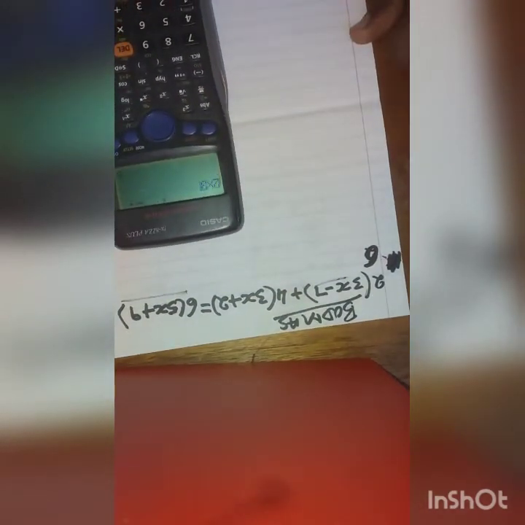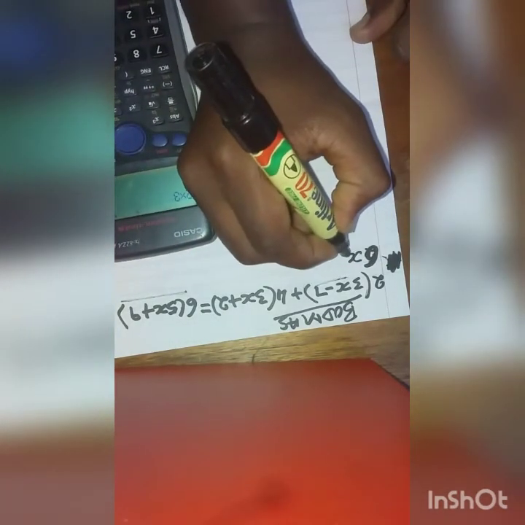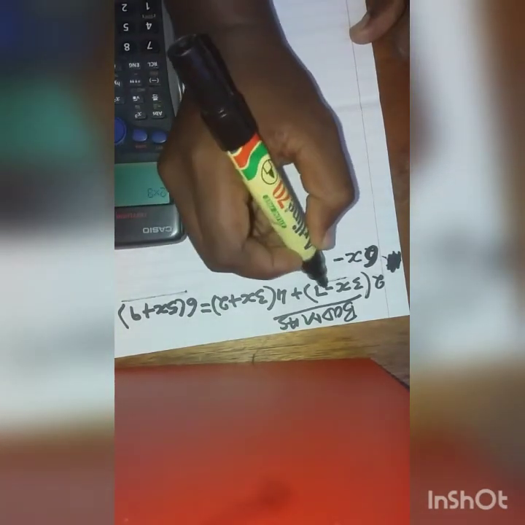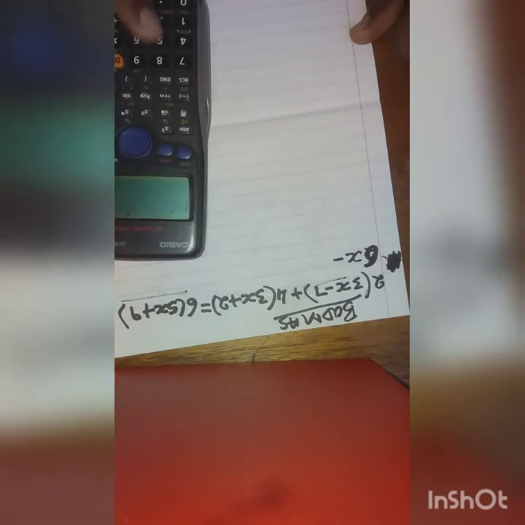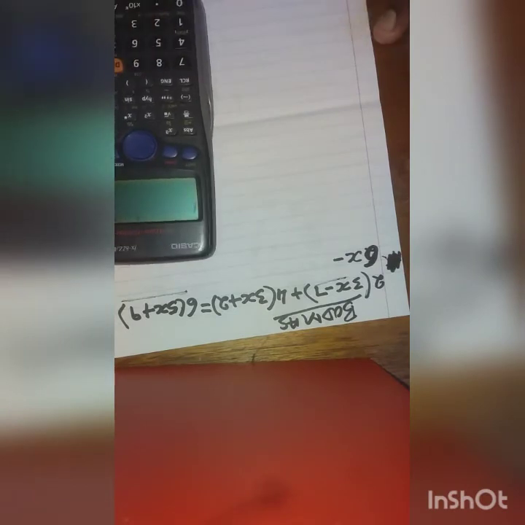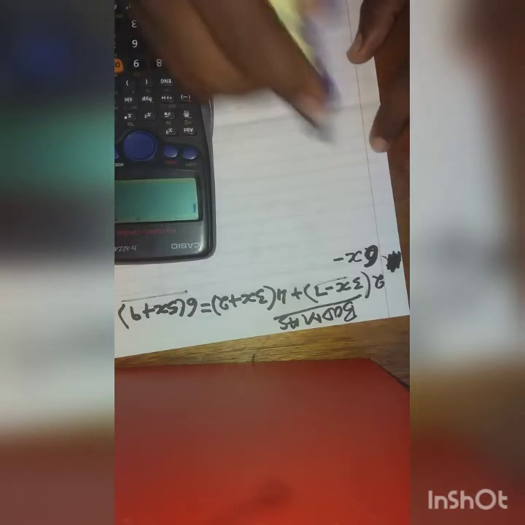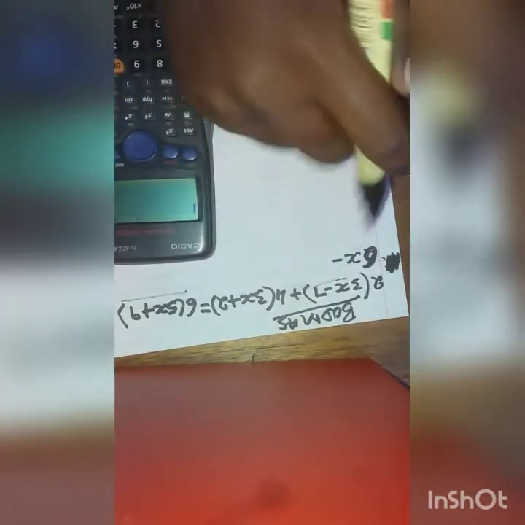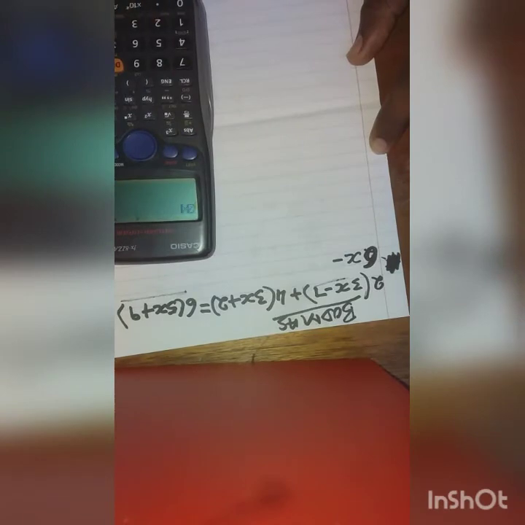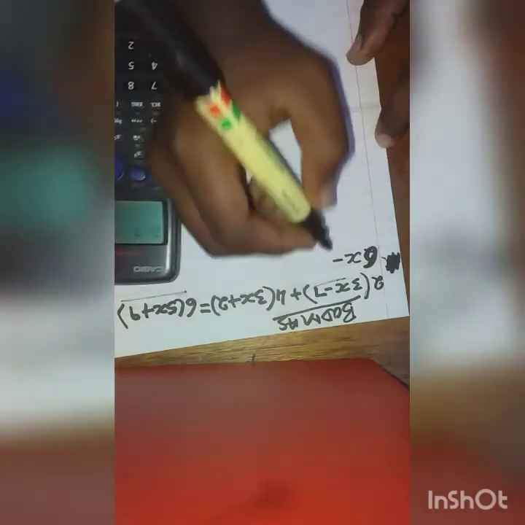Let me just put the calculator here so that you will confirm with me. 2 times 3, it's 6, so 6x minus, because obviously, like we said in the first lecture, when we multiply a negative and a positive, we get a negative. So 2 times -7 is -14.